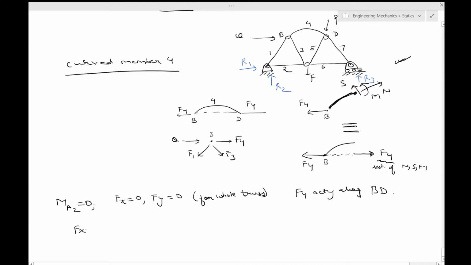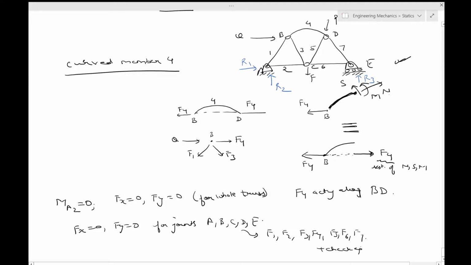Now we can also apply Fx. I should name the joints as well. This is C, this is A, and this is E. Okay. So Fx equal to 0, Fy equal to 0 for joints A, B, C, D, E. So they will give us F1, F2, F3, F4, F5, F6, F7, plus some check equations.